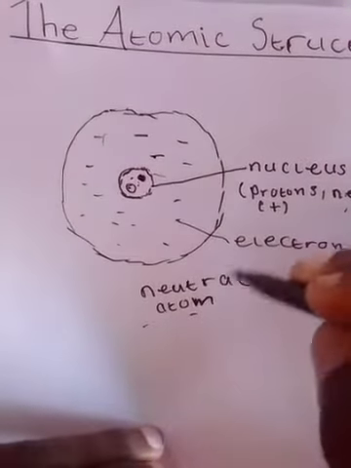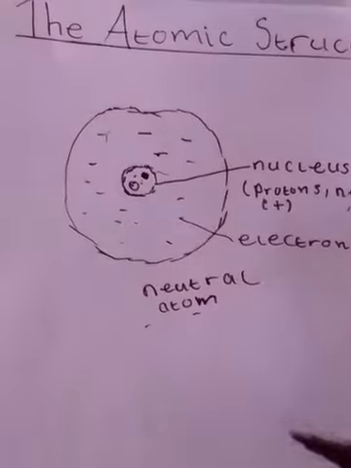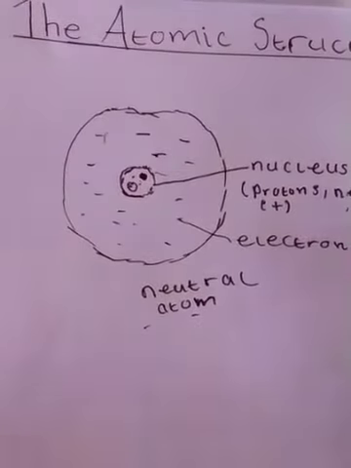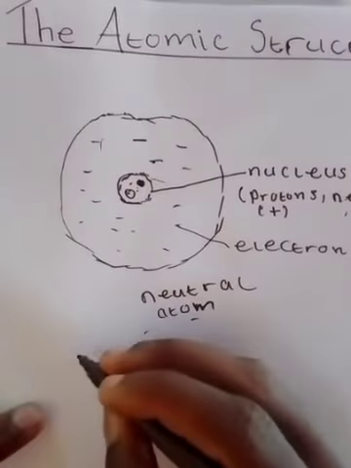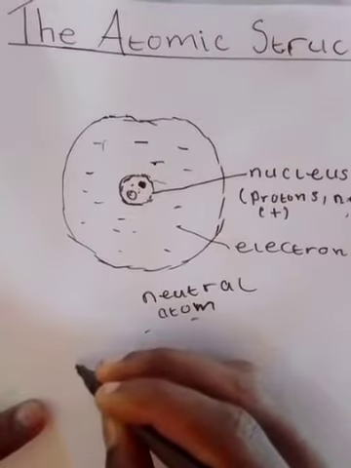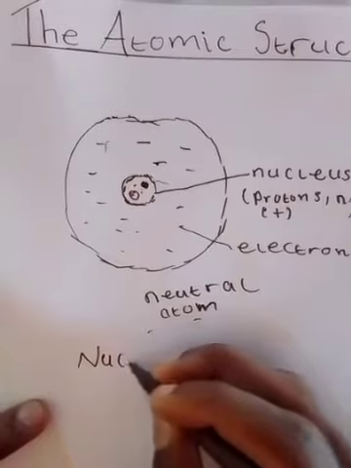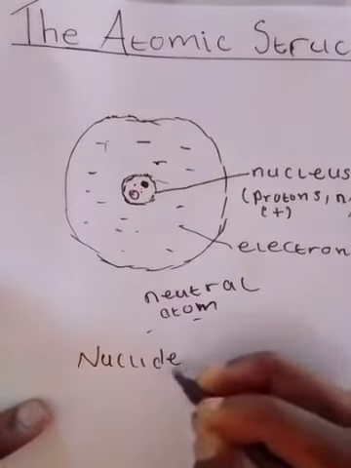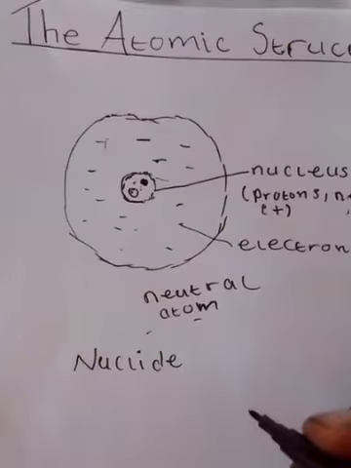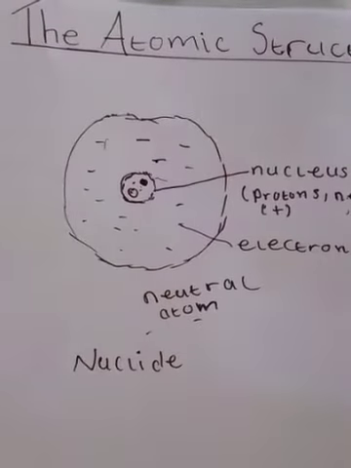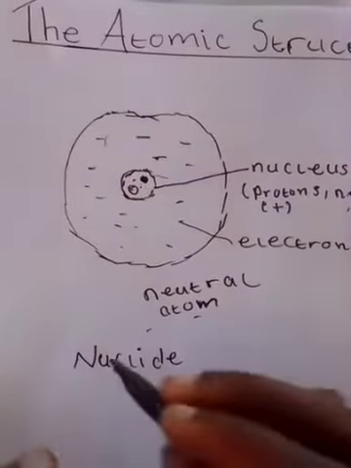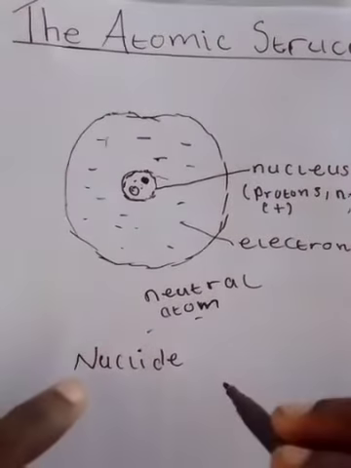And another concept, I think the last concept on the introductory part, is the concept of the nuclide. There is what is called a nuclide, written like this. Okay, so what is a nuclide? So now, before I proceed with explaining the nuclide, I also want you to know one more thing.